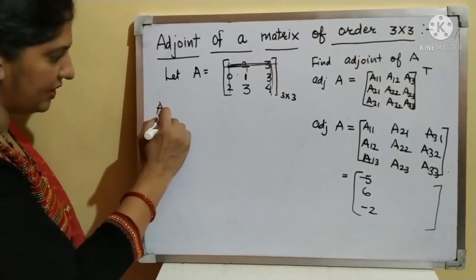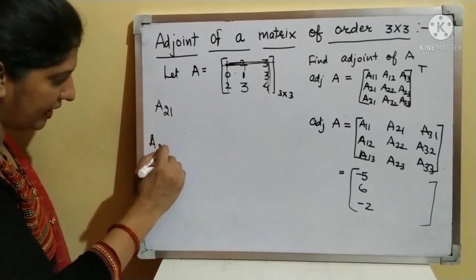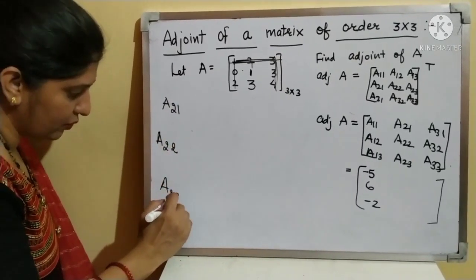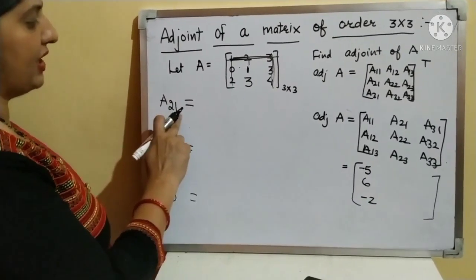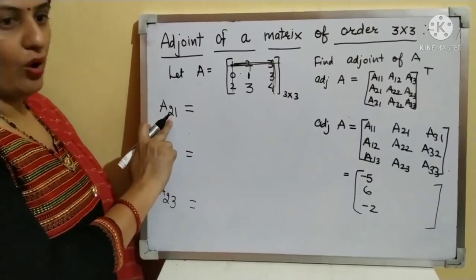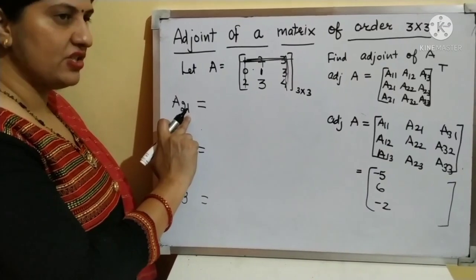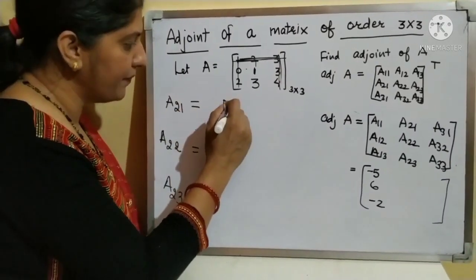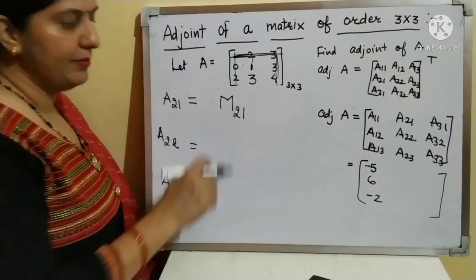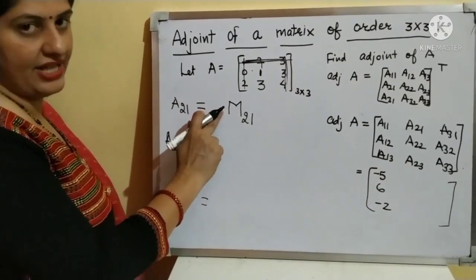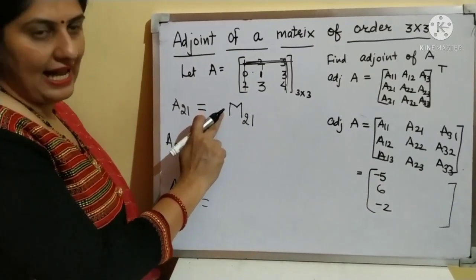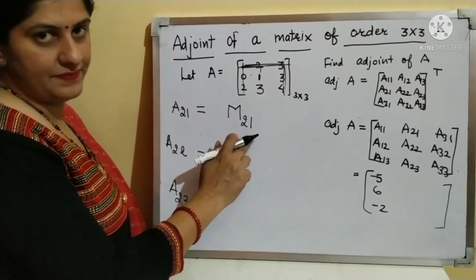We have to calculate A21, A22, A23. We know that the cofactor of the element that belongs to second row and first column is equal to the minor of that element, but with positive or negative sign according to the sum of the suffixes.